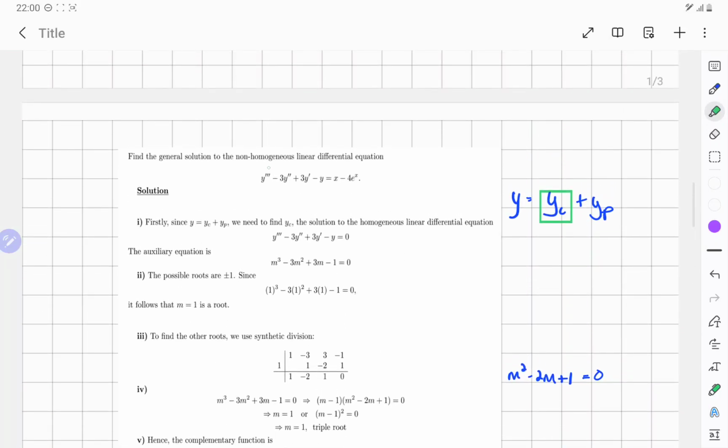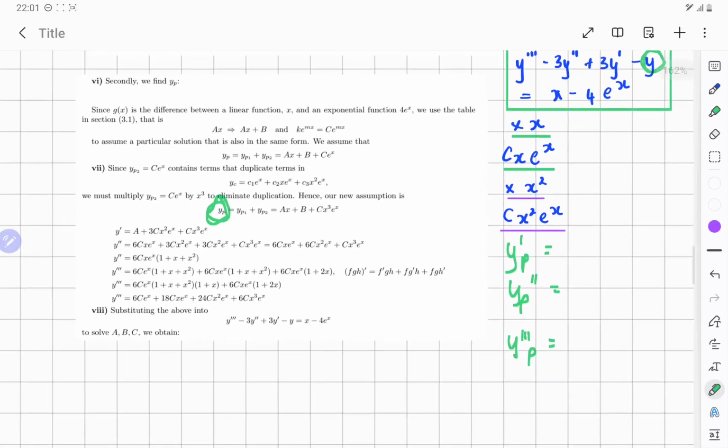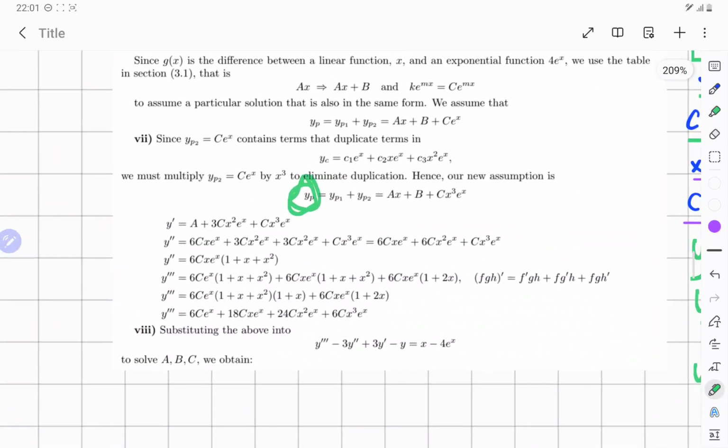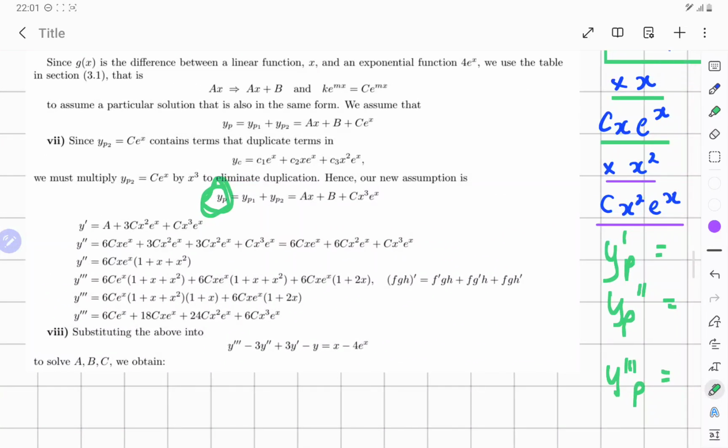So you will always look at what's given, and you see which derivatives will be needed to substitute in. I'm not going to do this in detail because these are all basics, but just to start you onto this, we have our particular solution. Now remember I said you need these derivatives.